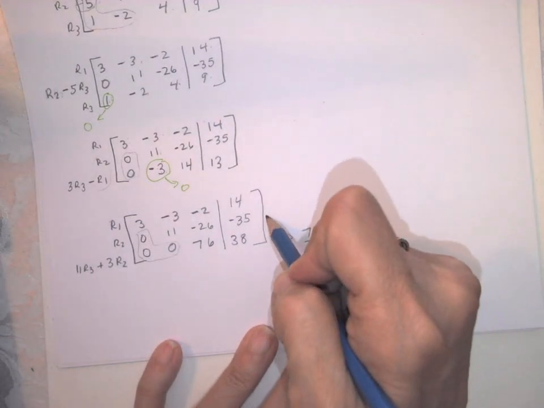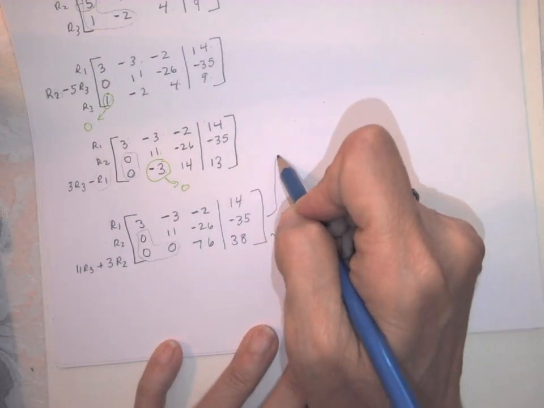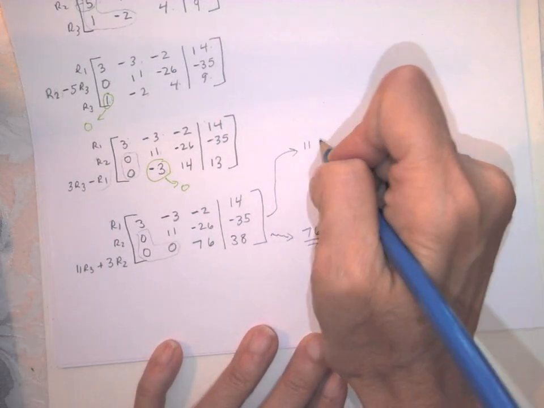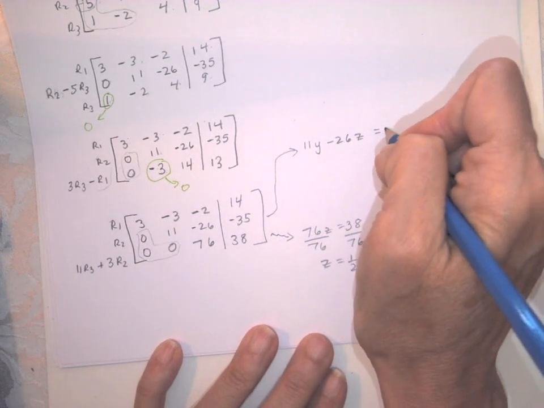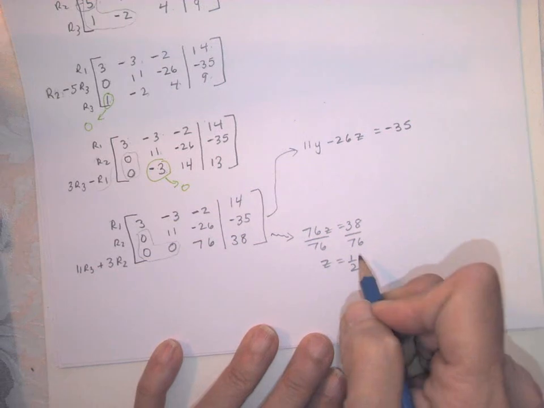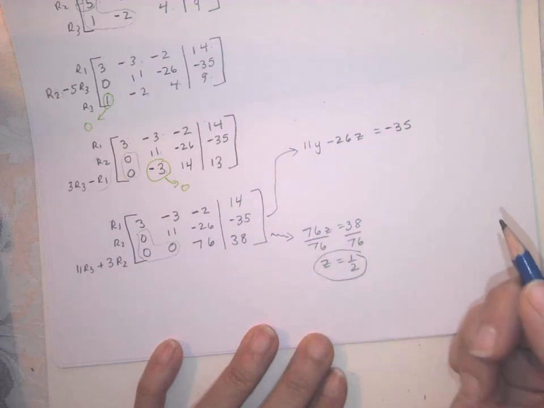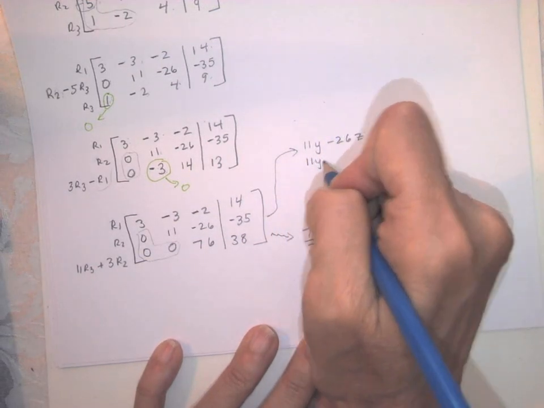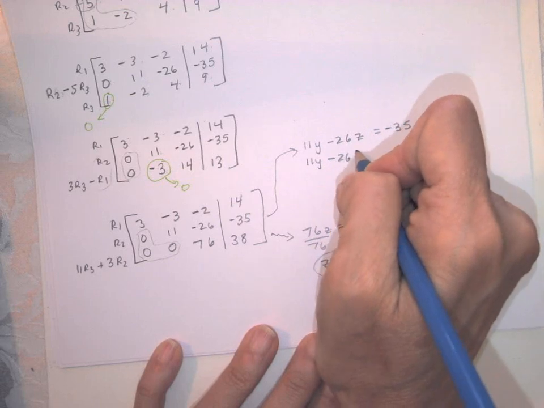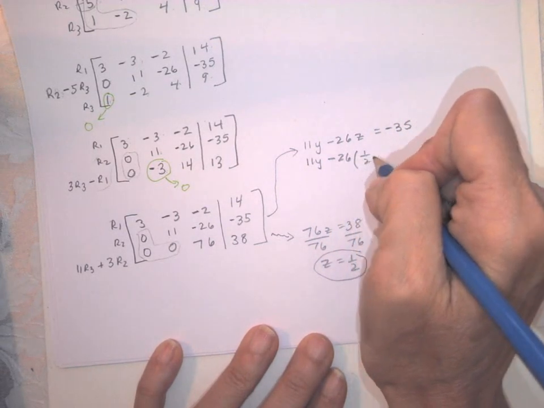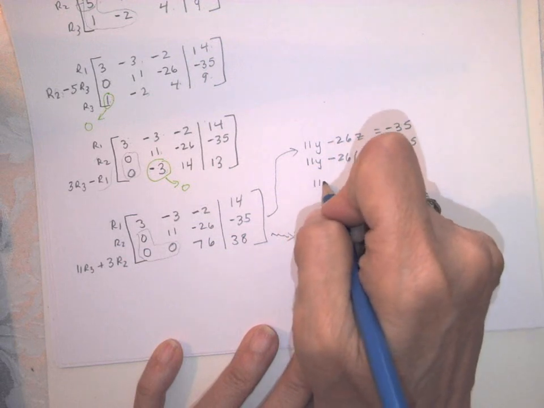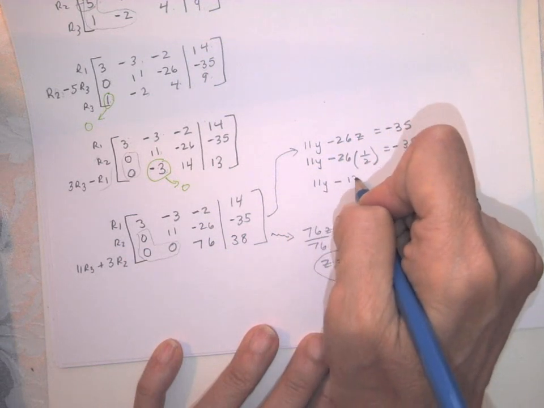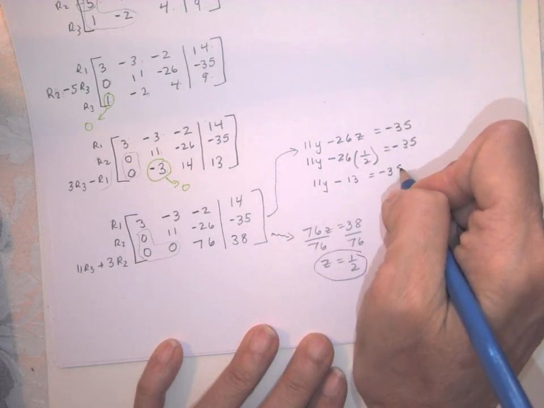Then if I read the second row, it tells me that 11y minus 26z equals negative 35. But I already know that z is 1/2, so I can come back here and back substitute z being 1/2, which is going to give me 11y minus 13 equals negative 35.